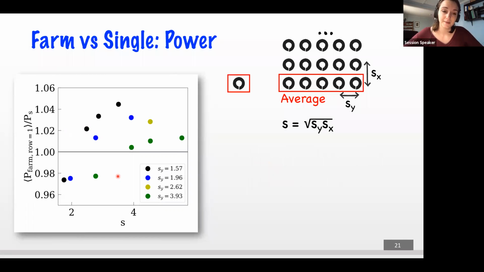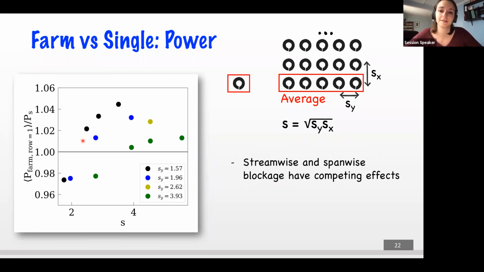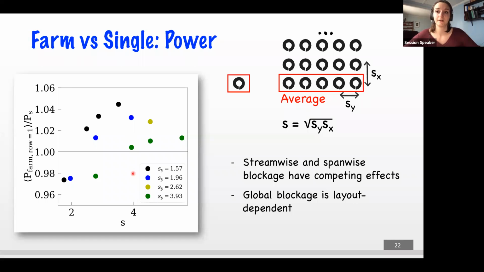So if we take the same data and we plot it for the mean geometrical spacing, as shown here, to look at it more in terms of turbine density, as opposed to just Sx and Sy separately, the data doesn't collapse, unfortunately, which highlights the competing effects of streamwise and spanwise blockage in that it makes the global blockage effect layout dependent.